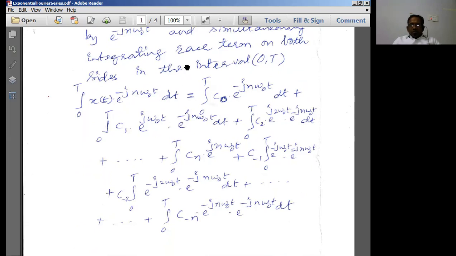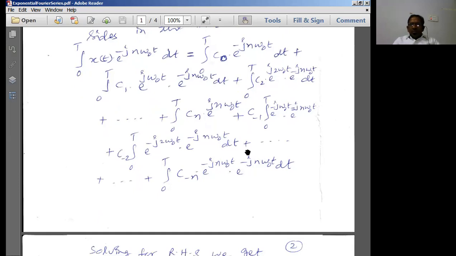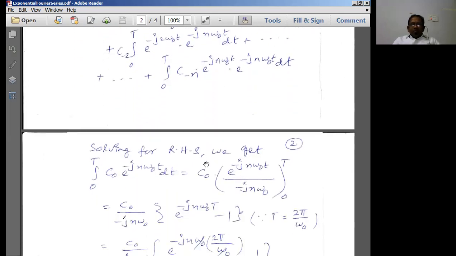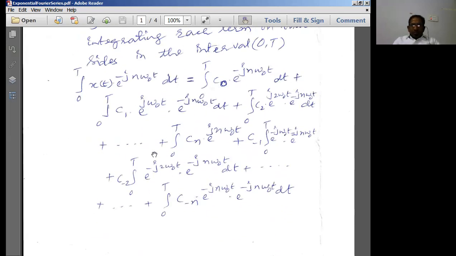So the integral from 0 to T of C0 e power minus j n omega naught t dt, plus the integral from 0 to T of C1 e power j omega naught t into e power minus j n omega naught t, plus C2 e power j 2 omega naught t, and so on. That means I'm multiplying each term with e power minus j n omega naught t and integrating. Now I have to solve this integration.